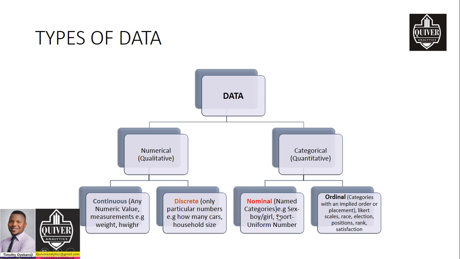Those numbers are not just numbers. They have meaning. Everywhere you see one, that means it's a boy. Everywhere you see two, it's a girl. That's nominal. In SPSS, that's quite simple. We've done that while we were entering the questionnaire. You can go back to it and see that it's nominal data. Then sport uniform number, that's a very good example.